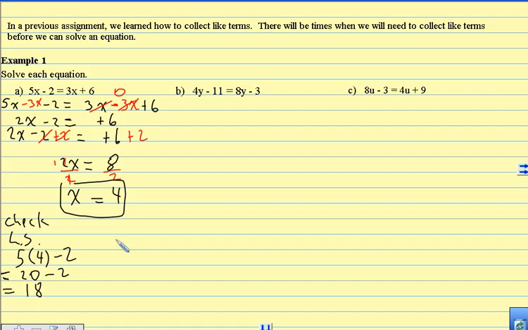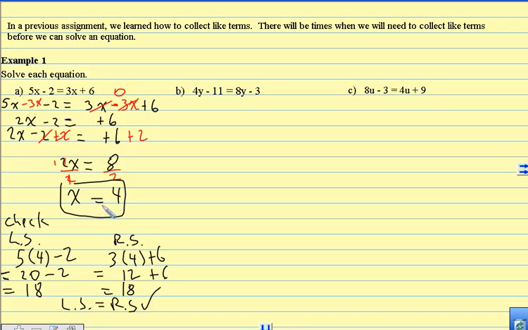And if I check the right side, that becomes 3 times 4 plus 6. 3 times 4 is 12 plus 6, so that's equal to 18 also. So left side equals right side, so our solution is right: x equals 4.